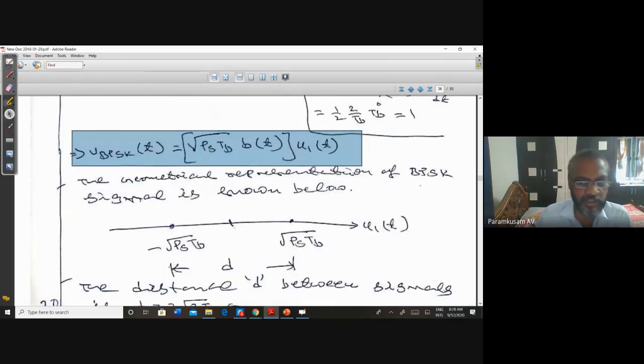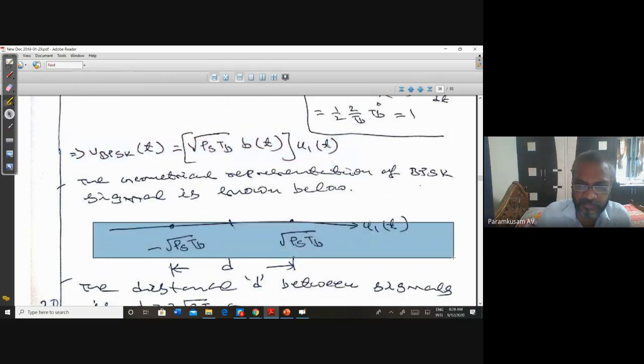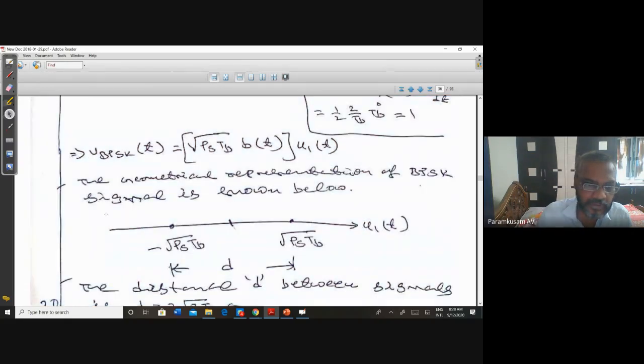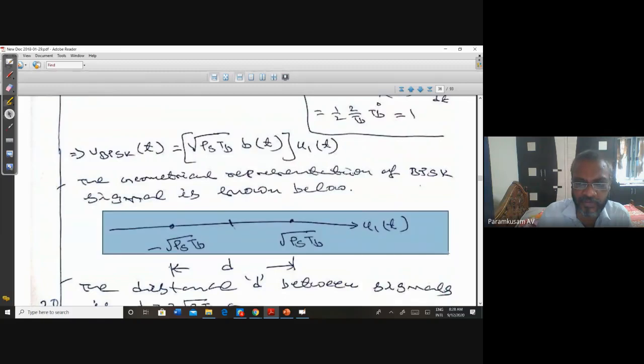Next, you note down the geometrical representation of DPSK signal is shown below. I will explain about this diagram.